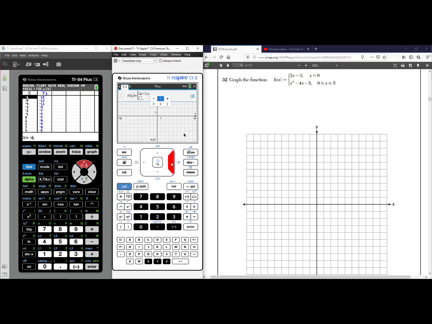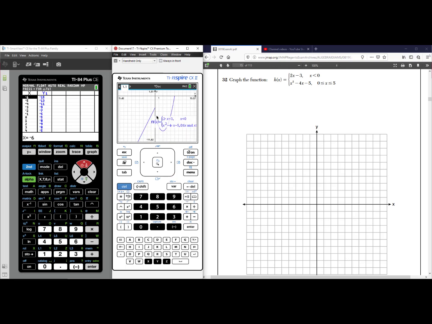We want less than 0, and then we put in x squared minus 4x minus 5, right arrow, 0, control equals, less than or equal to x, space, type in the conjunctive and, space, x, control equals, less than or equal to 5. When I press enter, I will see my graph.